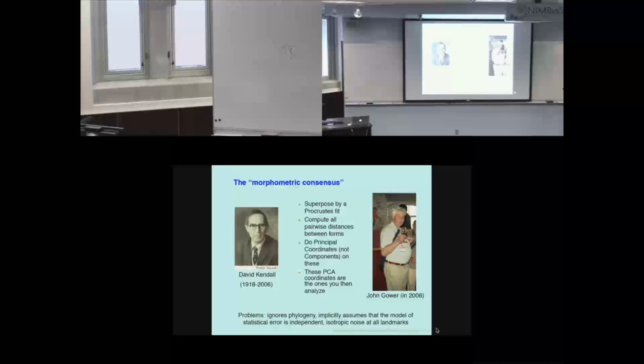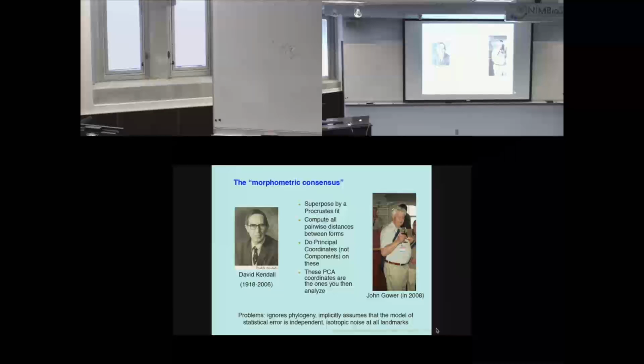Then they compute all the pairwise distances between forms. You have this sum of squares thing for all pairs of forms. And I should say the generalized Procrustes analysis, when you're doing it with multiple specimens, has the effect that what it is minimizing is the sum of squares of differences among all pairs of forms added up. It's kind of a joint measure of fit. And that process that I told you about, recomputing the means, does that.